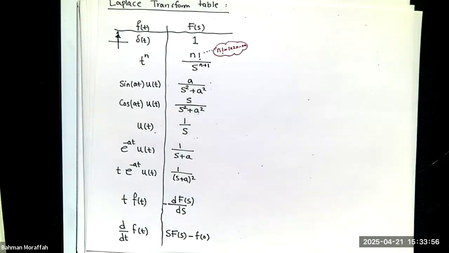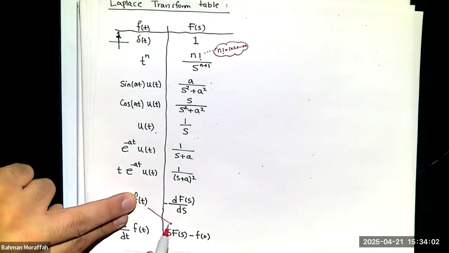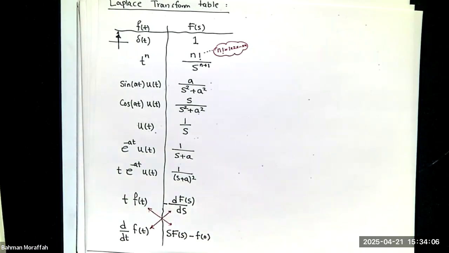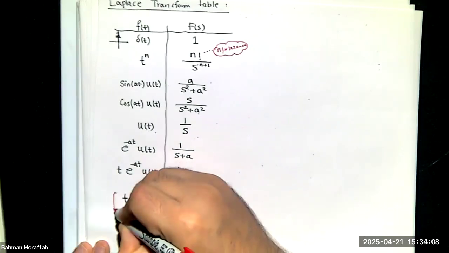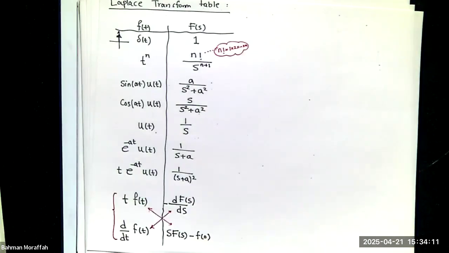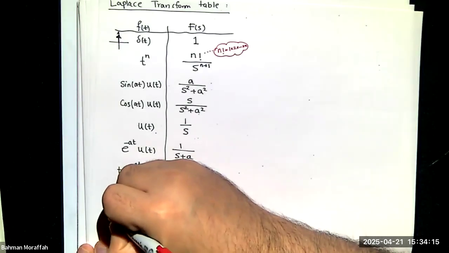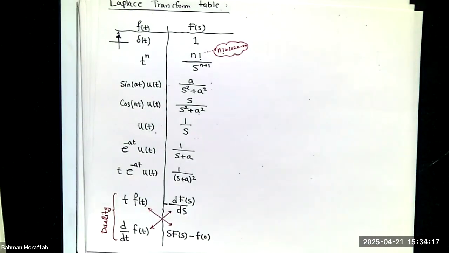This is called duality. So since this function is similar to this, and this function is similar to this, we can basically find the Laplace transform of each of them. And this is called duality.